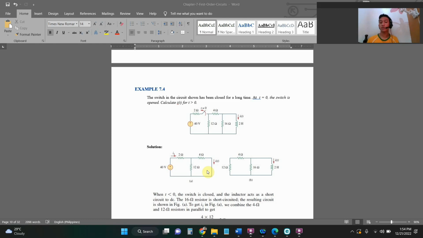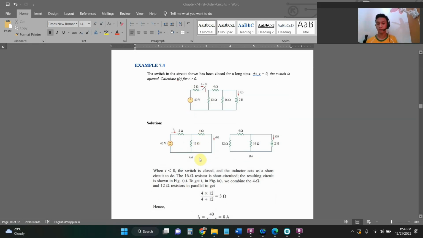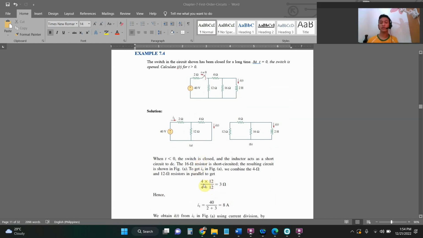To get I sub 1 in figure A, we combine the 4 and 12 ohms resistors in parallel. To get the equivalent resistance, we have 4 times 12 divided by 4 plus 12, which gives 3 ohms. Hence for I sub 1, I equals V over R again.